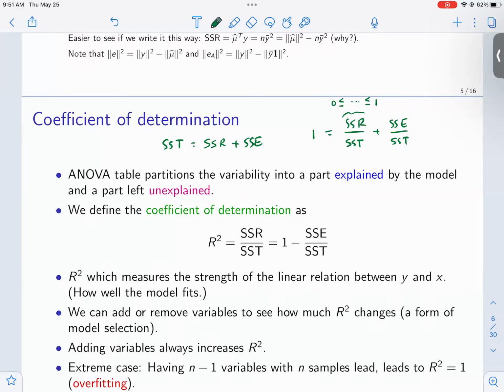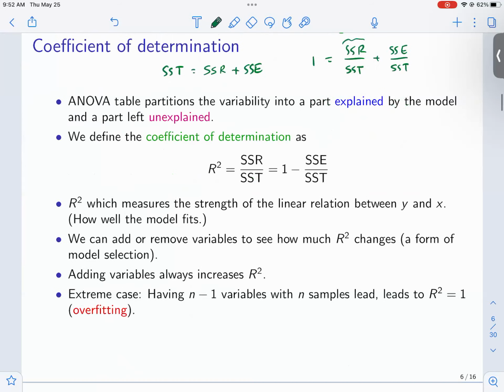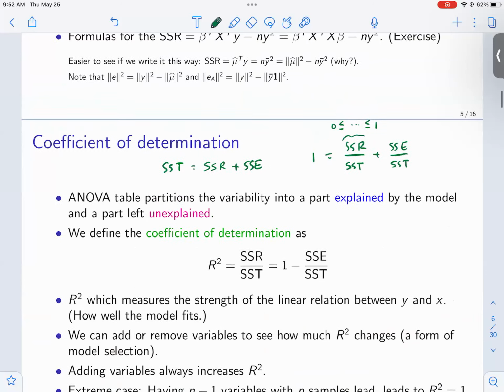So what does it mean to have 0 SSE? There's no unexplained variation. Yes. SSE is the sum of the residual squares. If SSE is 0, all the residuals have to be 0. Okay, so ideal.